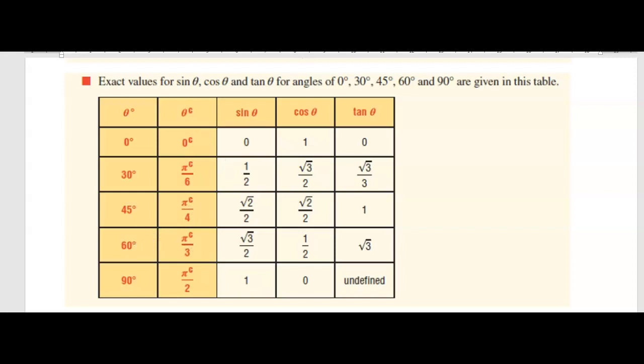Now, with these values in your table, with sine, cos, and tan written this way, what you can do to help you remember is: I'm just rewriting these values and showing you how to remember. Everything is a fraction over 2.